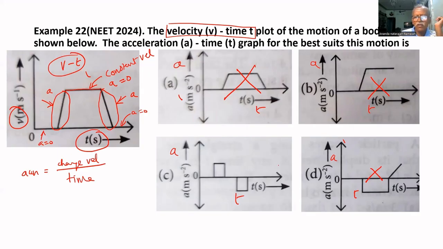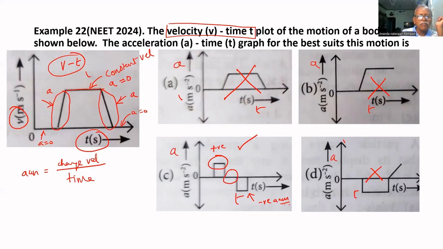Here only in the middle, it is 0. Acceleration is 0. That's why this is correct. But how this comes into picture, that we have to see. Actually, this plot is here positive acceleration, here retardation or negative acceleration. How that we will see now.